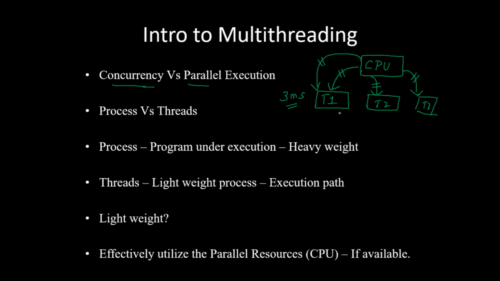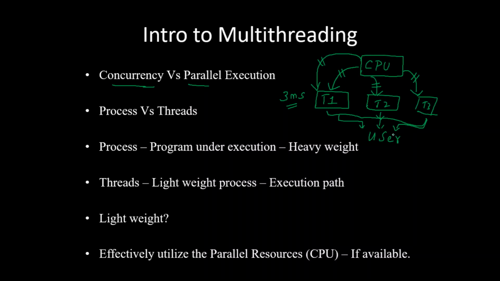Why is it called concurrent execution? Now assume that a user is sitting here. The user is the one who is executing all these three tasks. With respect to the user, it feels as if these three tasks are running parallelly, because he might have opened these three tasks in three different windows, and in less than a second he is getting some response for every task.